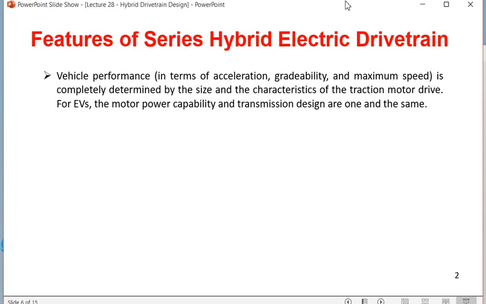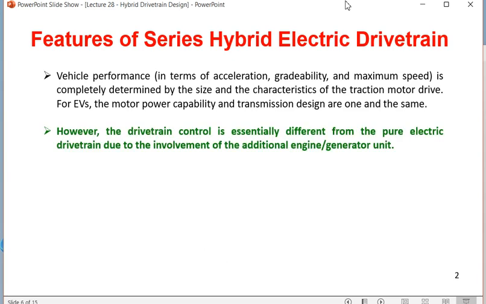So the vehicle performance of this series hybrid electric drivetrain is mainly driven by the traction motor drive. For EVs, the motor power, capability and transmission designs are one and the same. However, drivetrain control is essentially different from the pure electric drivetrain due to involvement of the additional engine generator unit.